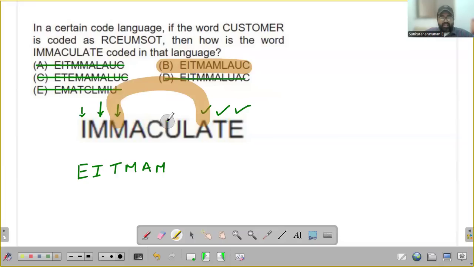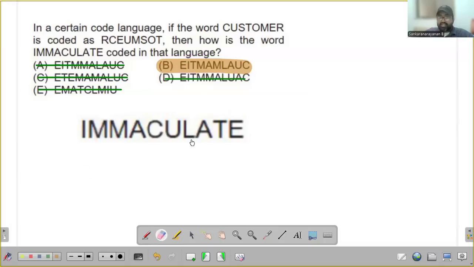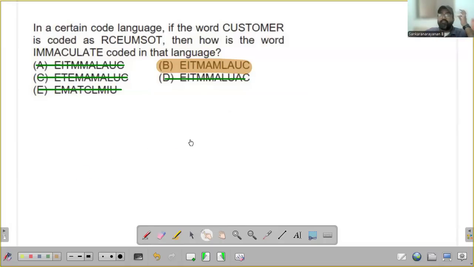Okay. And then you can see that it will be like the fourth one and the fourth one. LA, it will come. And finally, you have this UC that is coming. And that's what option B tells you. So for this question, in this fashion, when you are rearranging them, the answer will be coming as option B.